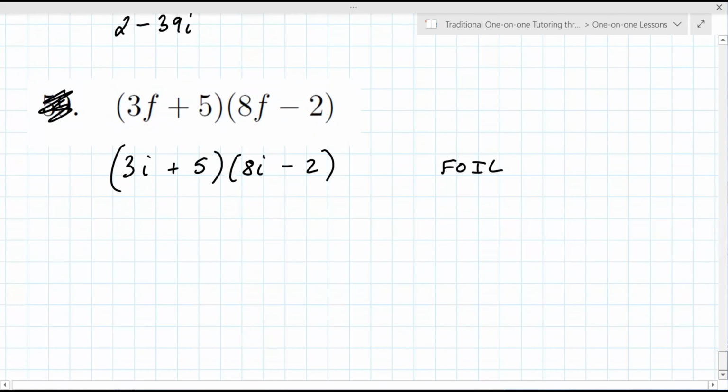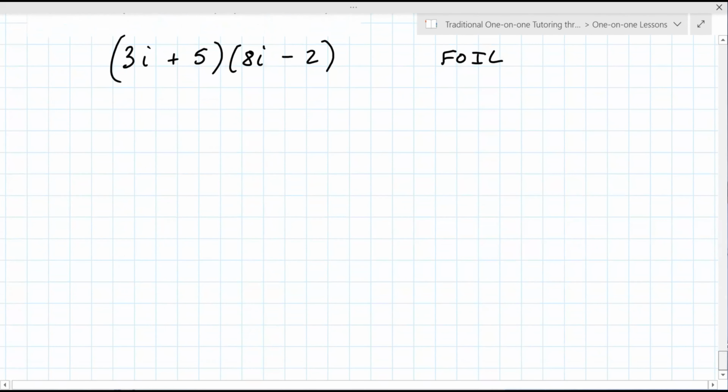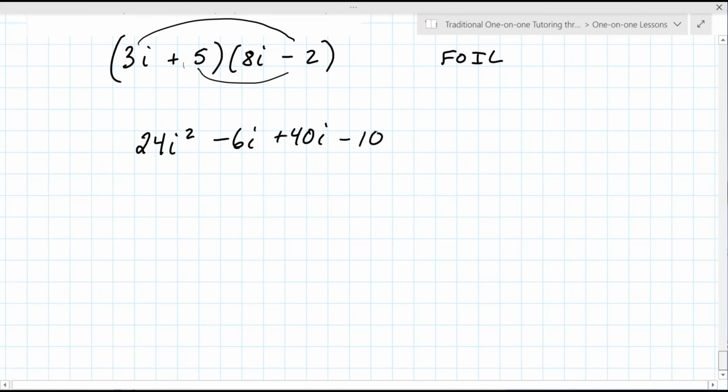So let's look at that together. So that would be 3i times 8i, that's 24i squared. 3i times, is it 2 or minus 2? Minus 2. Minus 2 because the operator goes with it. So minus 6i plus 5 times 8i, that's plus 40i. And then 5 times negative 2 gives you negative 10.